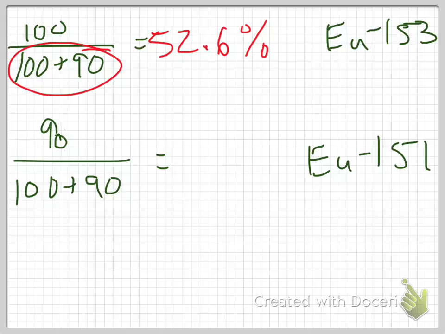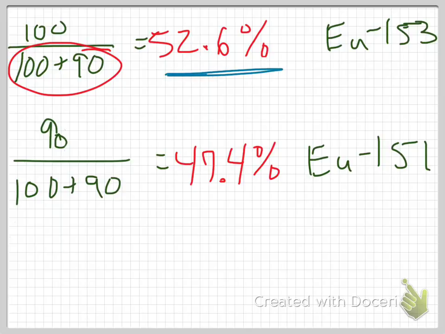Conversely, when we look at europium-151, about 47.4% of europium atoms will have that mass. So we can say that about half of our atoms have a mass of 153, and about half of our atoms have a mass of 151.